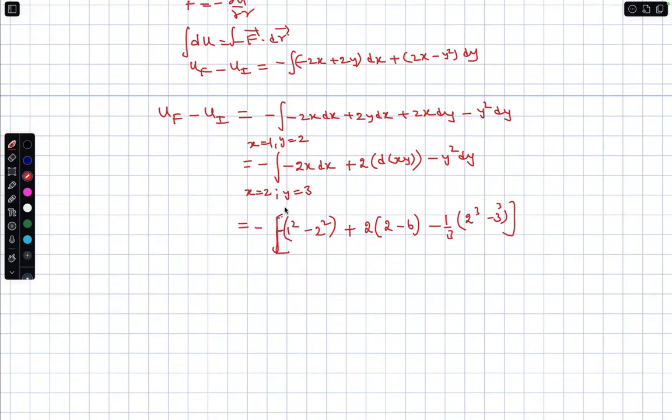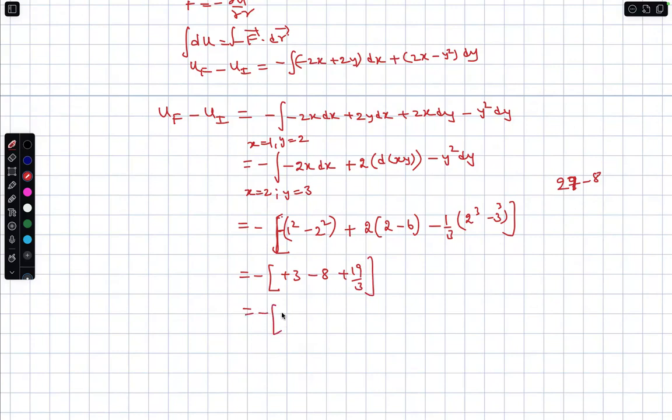So overall, this is 1 minus 4, minus 3, minus of minus plus 3. As 2 minus 6, minus 4. Minus 4 into 2, minus 8. It is not 9 minus 9, it is 27 minus 8, that is 19 by 3.